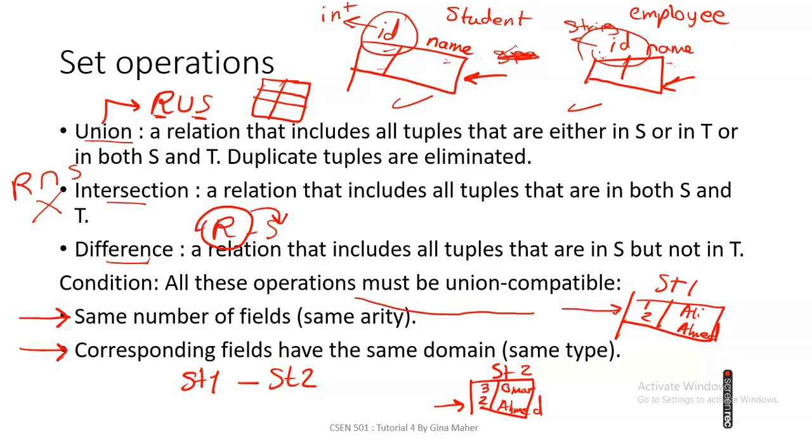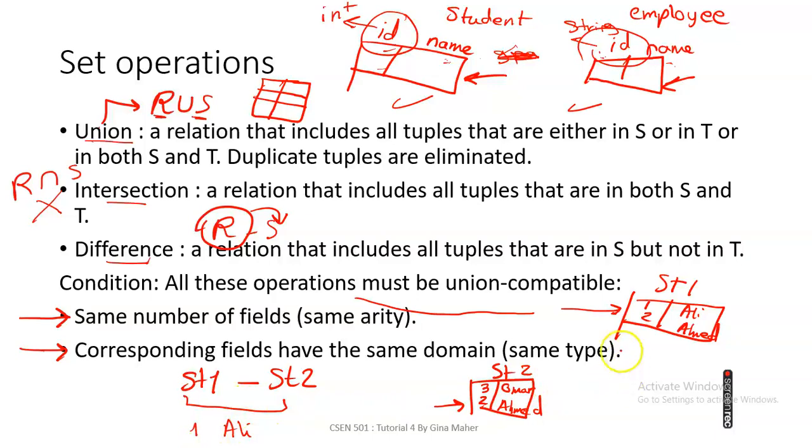Okay? Clear? And next, now we want to get the output of the intersection from other operations. So this one will get us student 1 minus student 2, which is 1 Ali.